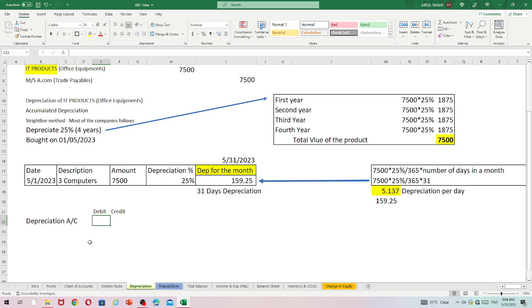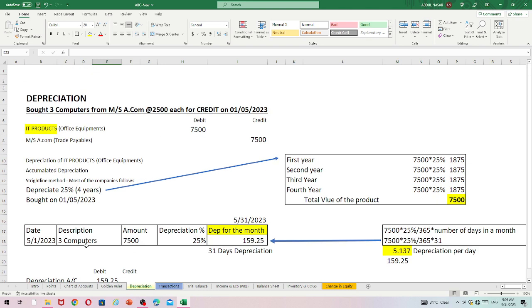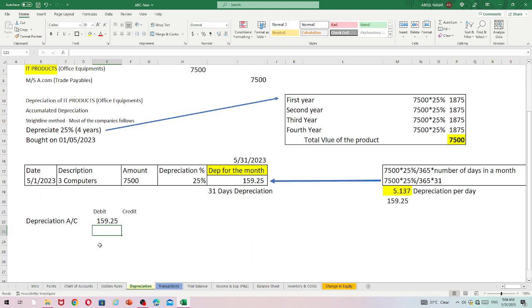Yeah, so depreciation account needs to be debited with how much? At the end of 31st May, we need to debit 159.25. And which account will be credited?